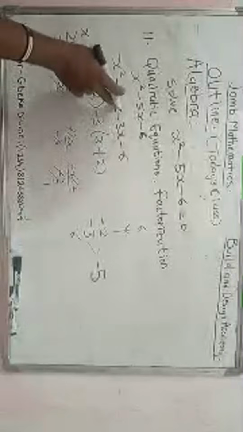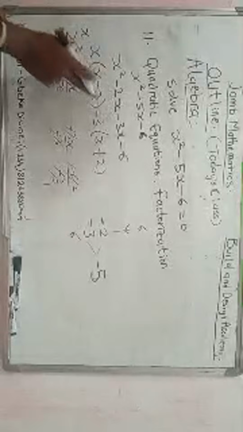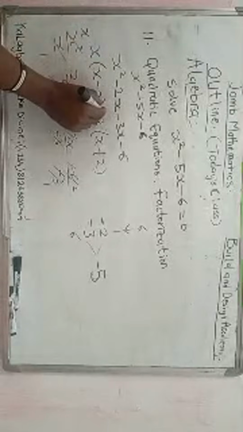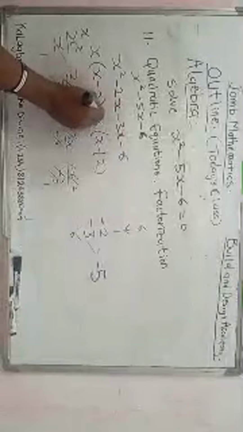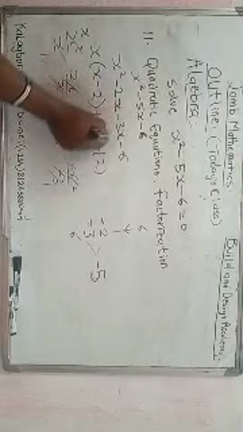Now, let's look at this one. We took out x. x into here will give us x. x into minus 2x will give us negative. So let's change this one to positive. Let's take positive 3. So positive 3 into here will not be what?